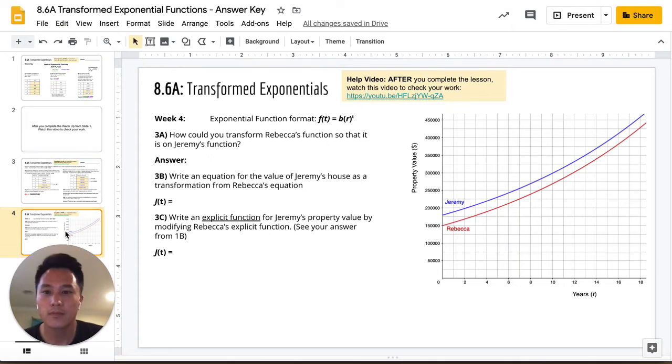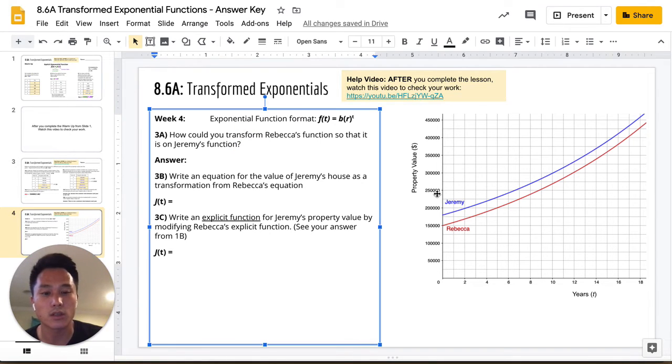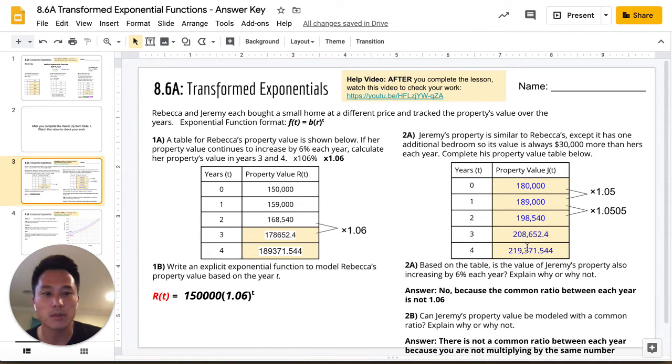3a. How could you transform Rebecca's function so that it is on Jeremy's function? Rebecca's function is this red curve. Jeremy's function is this blue curve. We know that Jeremy's property value is always 30,000 more than Rebecca's.